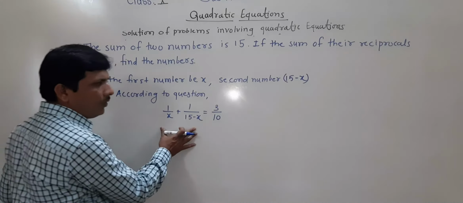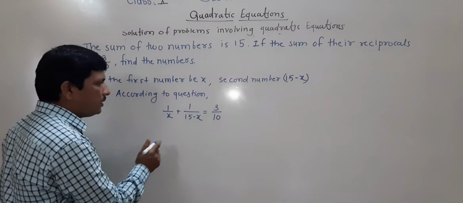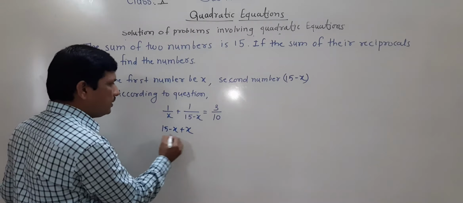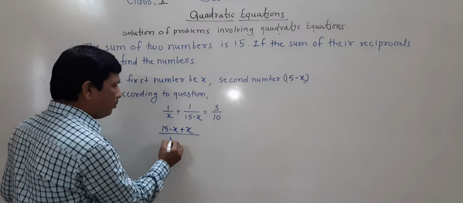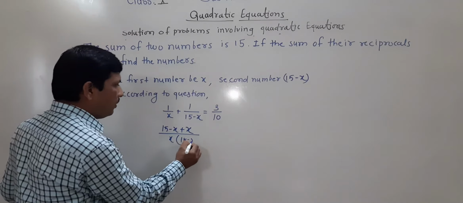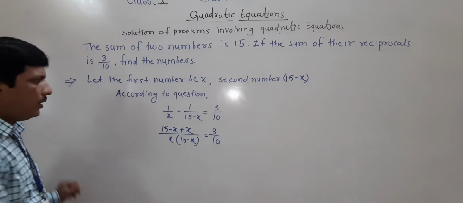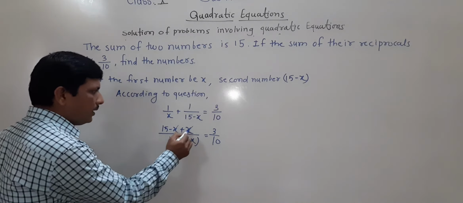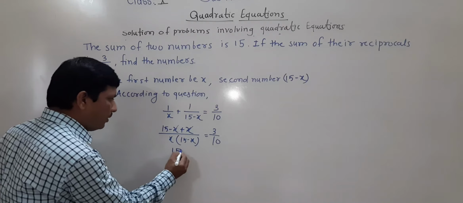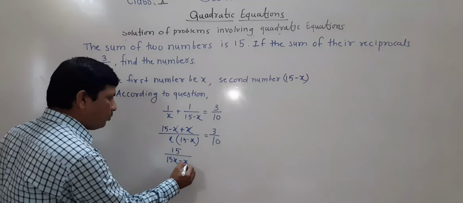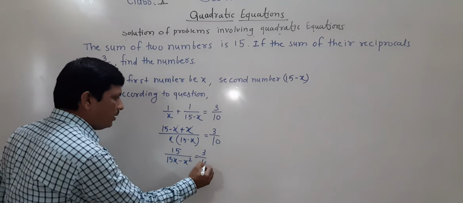So here we make the denominators same: 15 minus x plus x upon the product of these two, x into 15 minus x, is equal to 3 by 10. Here plus x minus x will cancel, so it remains 15 upon 15x minus x square is equal to 3 by 10.